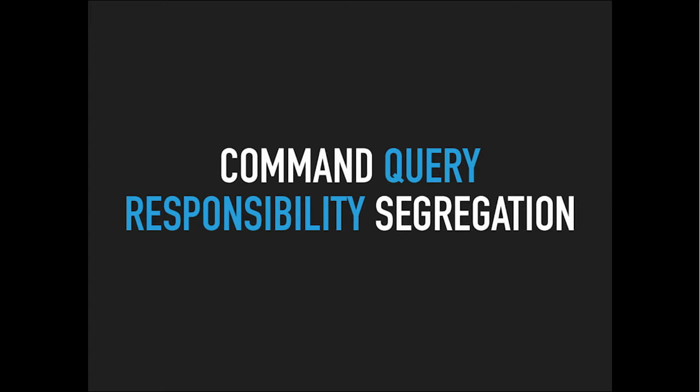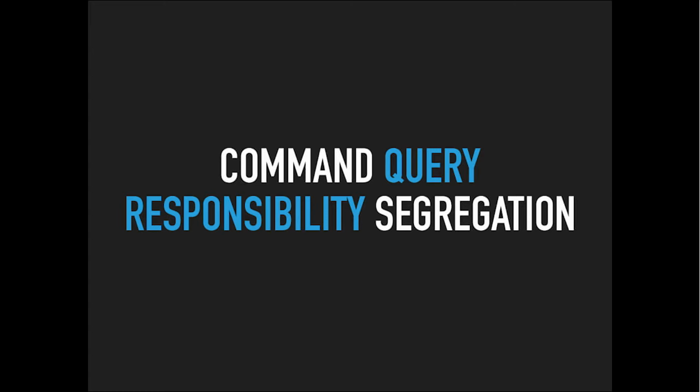So not the write as in left-right, but writing to a database and reading from a database. Why would we separate those? Because for a read, for the query side, for the UI side, you probably want to have a different data model, which is written in such a way or constructed in such a way that your query is as fast as possible, right?